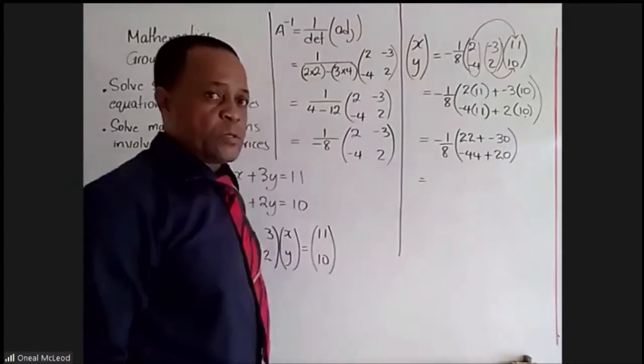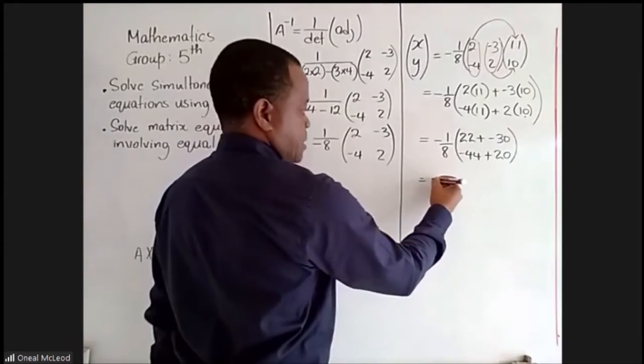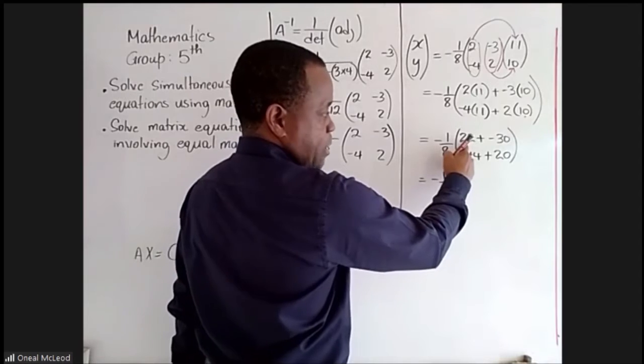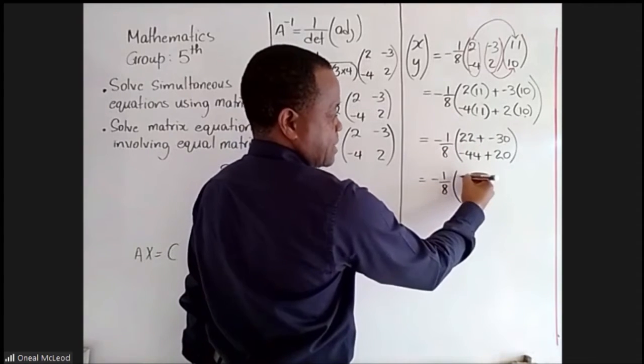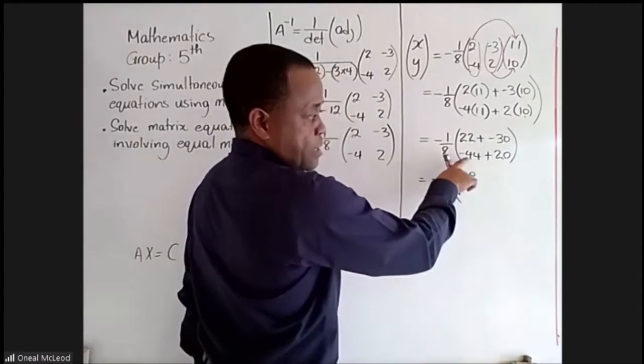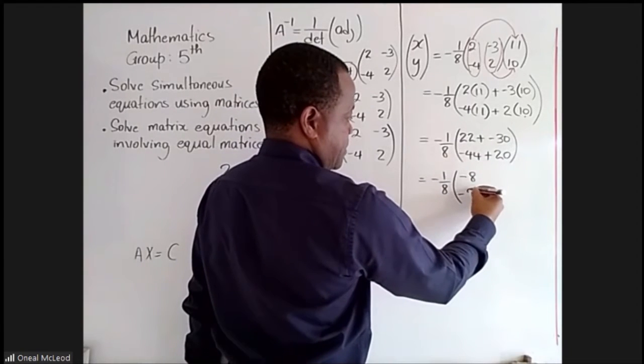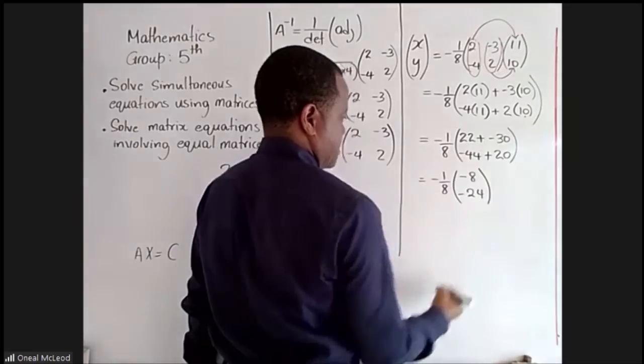Now let's work that out. Very, very simple. So it's now -1/8 times the matrix. 22 plus negative 30 will give us negative 8. Negative 44 plus 20 will give us negative 24.